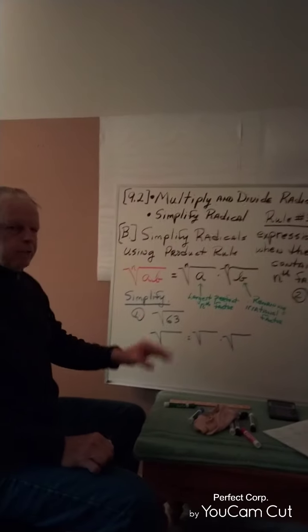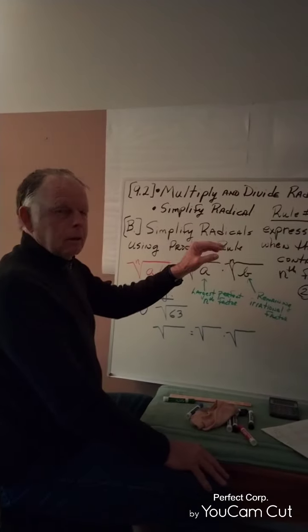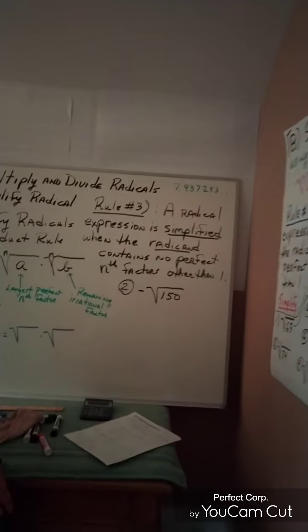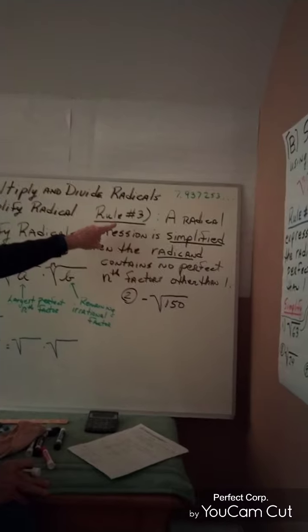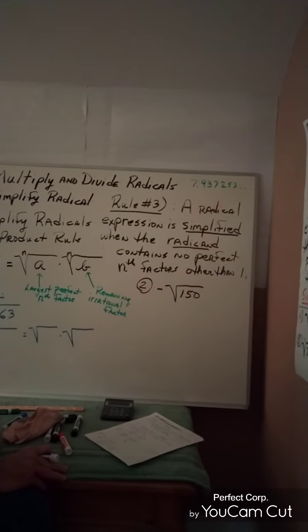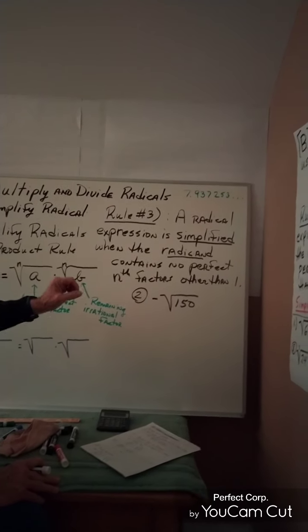Now, before we even do any of the examples, we need to speak to rule number 3. I'm not going to repeat rules 1 and 2 now. You have them. Here's rule 3. This rule has everything to do with simplifying radicals using the product rule.